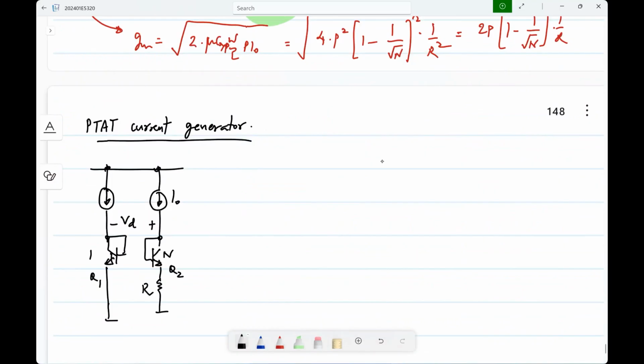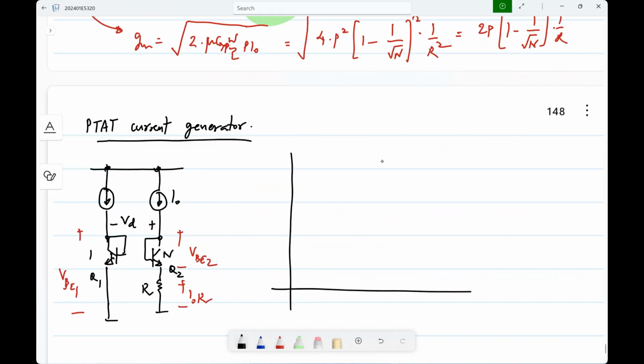So let me call this VB1, this is VB2, and this is I naught R. Let's say I put all of these voltages versus the current on a logarithmic scale.